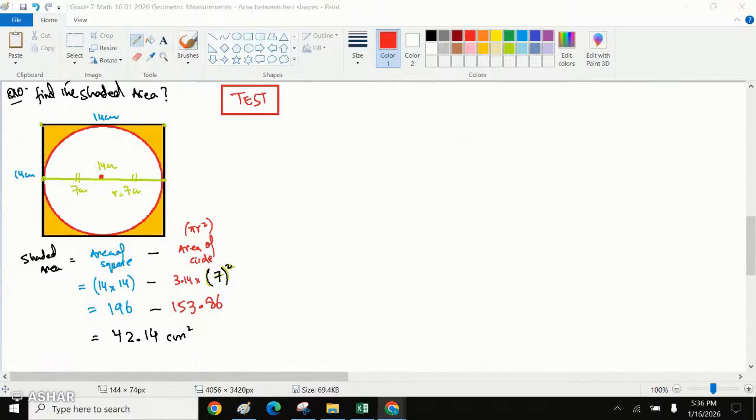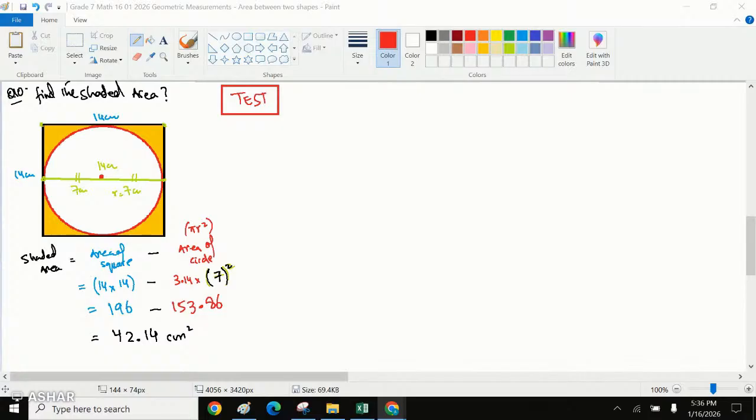So once we do the test, just a minute please, I just need to log in. This is maths grade 7, area between two shapes and the test. If it's left idle, it logs out.